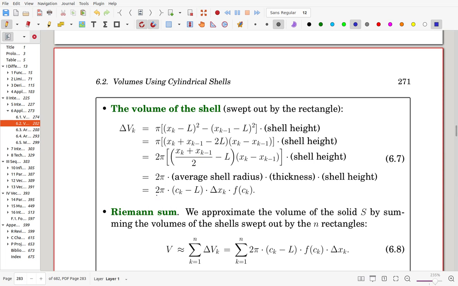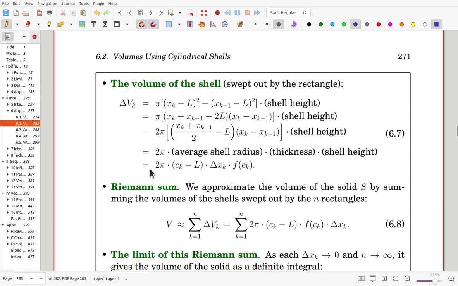So here that is 2 pi, and the distance from L to the midpoint of the subinterval. So it is like 2 pi r, and that is the thickness, and that is the height.